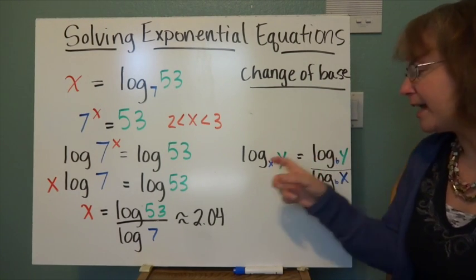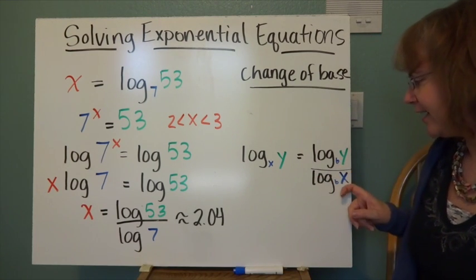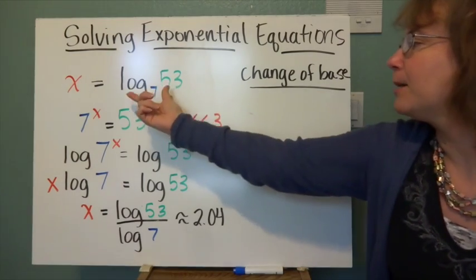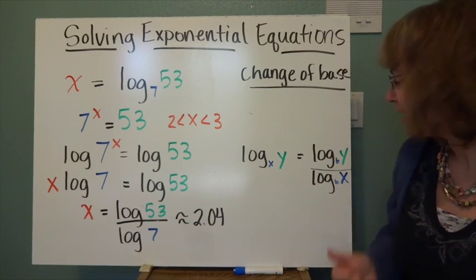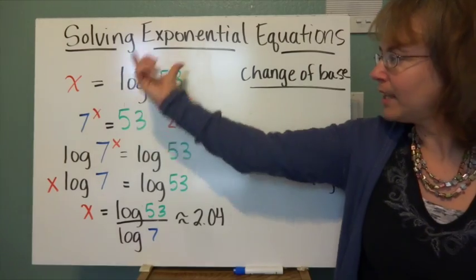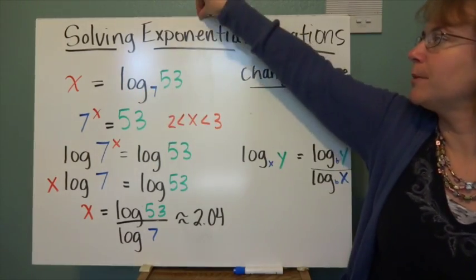Log base b of y over log base b, that same base, of x. So we can change an unknown base that we're not able to do on our calculator to a division problem of logs with a base of our choosing, and that helps us solve equations that have that unknown base. That's called the change of base formula.